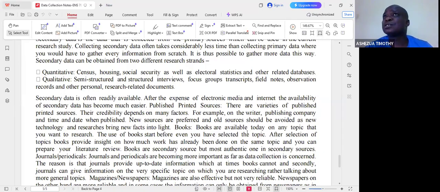Primary data is time consuming, and you spend a lot of resources, because if you want to collect data based on Lassa fever, which is now giving us health concern in Nigeria, particularly Benue, if you go to the teaching hospital, you have to mask yourself very well.